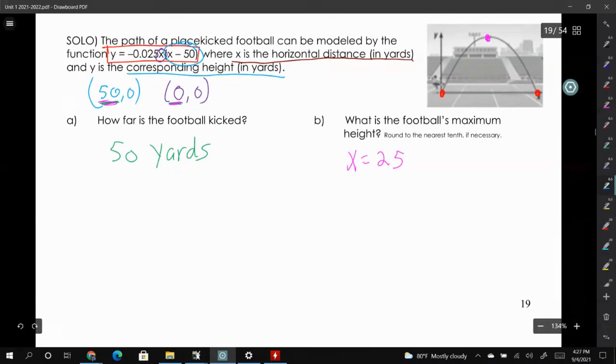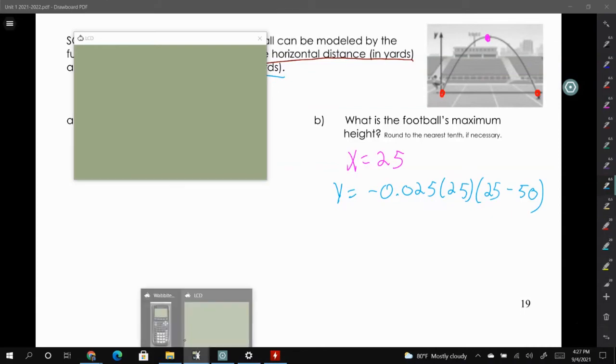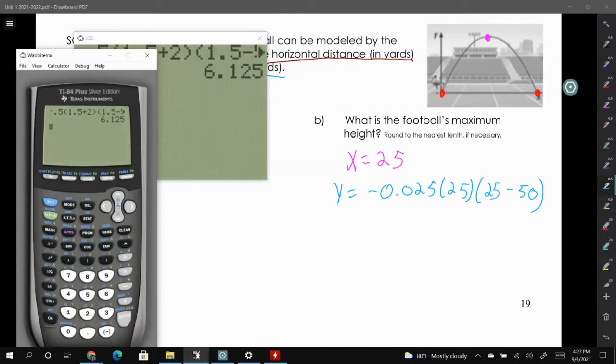And then y equals negative 0.025 times 25 times 25 minus 50. And we type that into the calculator, and this will give us the y value of the vertex.